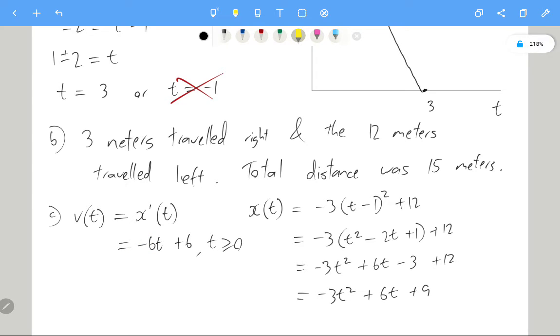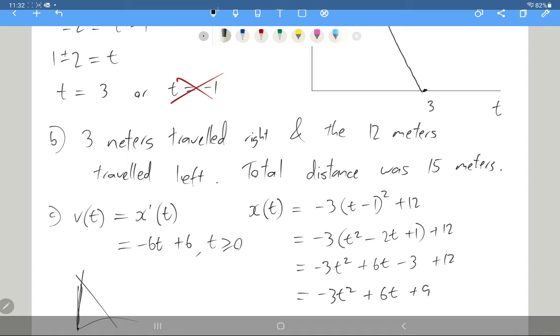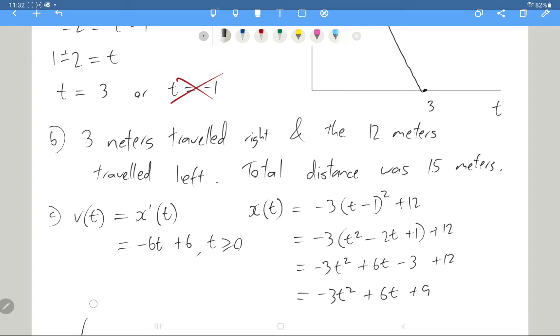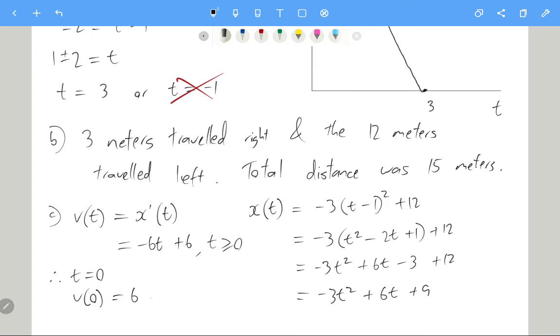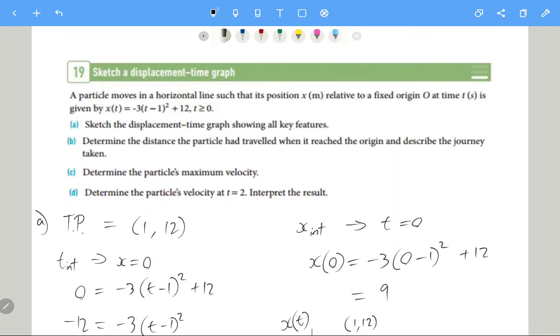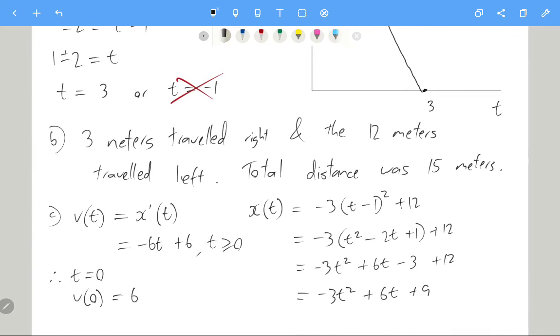Well, the highest point of any linear function that's decreasing, right, is the leftmost point, for it's going to constantly be getting lower the further right you go. So, therefore, the fastest velocity is going to be when t is equal to 0. V of 0 is equal to 6, which is 6, in this case, meters per second.